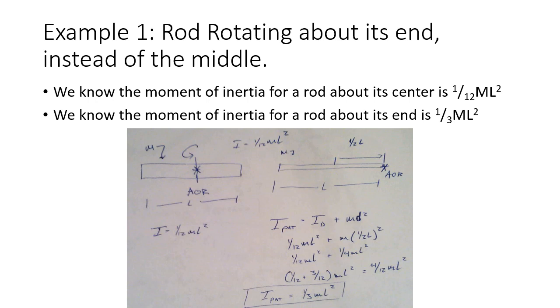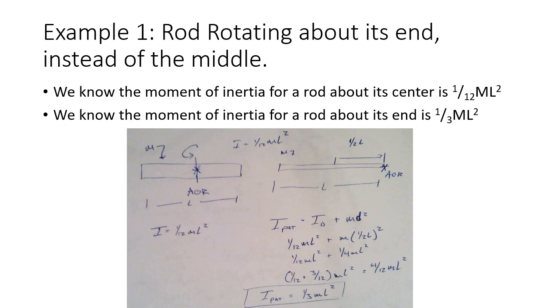All right, now for example, we'll use the rod that I showed you before. Let's say that we know for a fact that the moment of inertia for a rod about its center is 1/12 ml squared. And that makes sense. It's pretty easy to change direction for that.